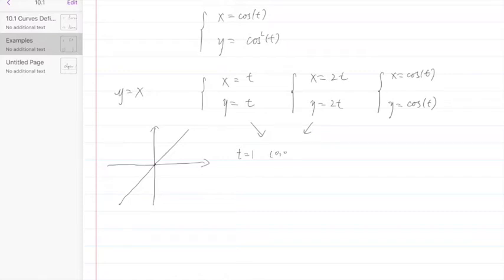This point is going to travel from 0, 0 all the way to 1, 1. But if you plug in t equals 1 in the second, it traveled from 0, 0 to 2, 2. That means this one went from here to here, if you take t from 0 to 1. But the second one took the same trajectory, but went here.